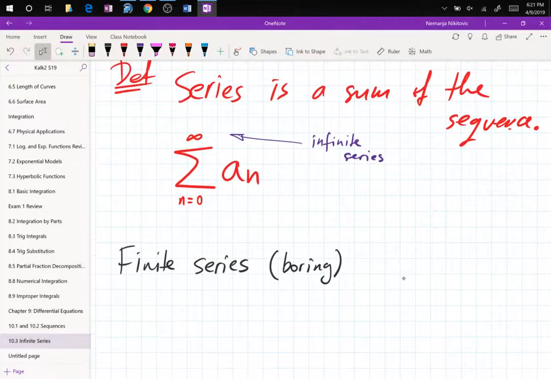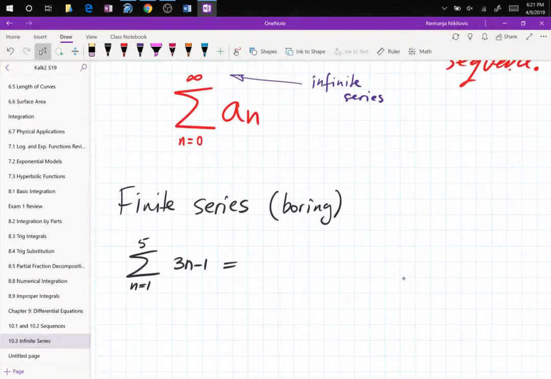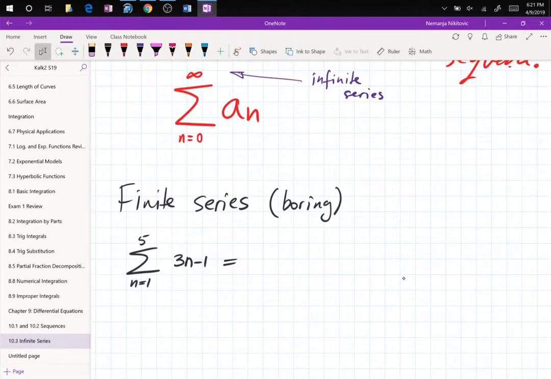is going to be something like a series of 3n minus 1, when n starts at 1 and ends at 5. Your n's are going to march from 1 to 5, so you'll have 5 of these to add.